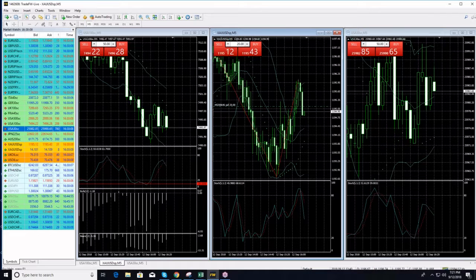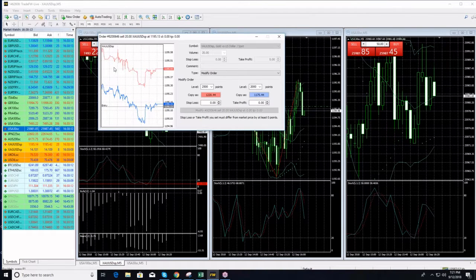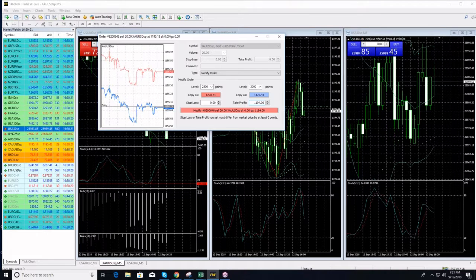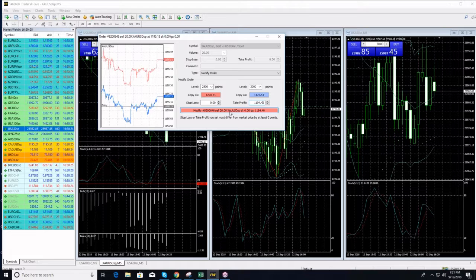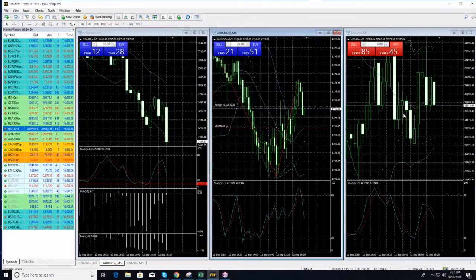And I will put stop loss and take profit on gold directly, because now during the market movement, it might move quite strongly. Now my take profit is 1,194. There we go.